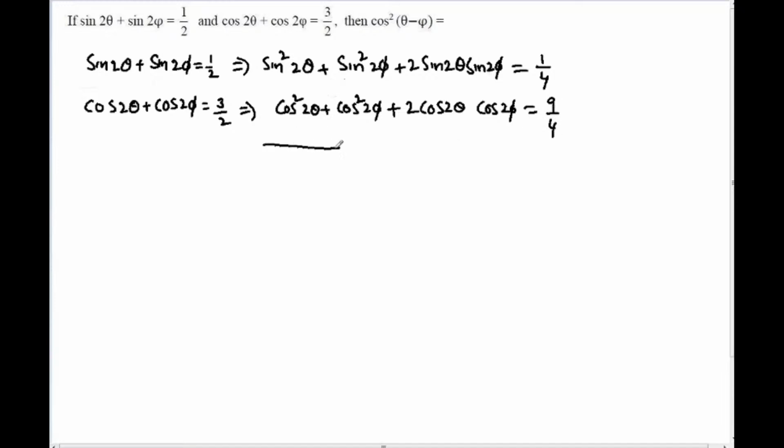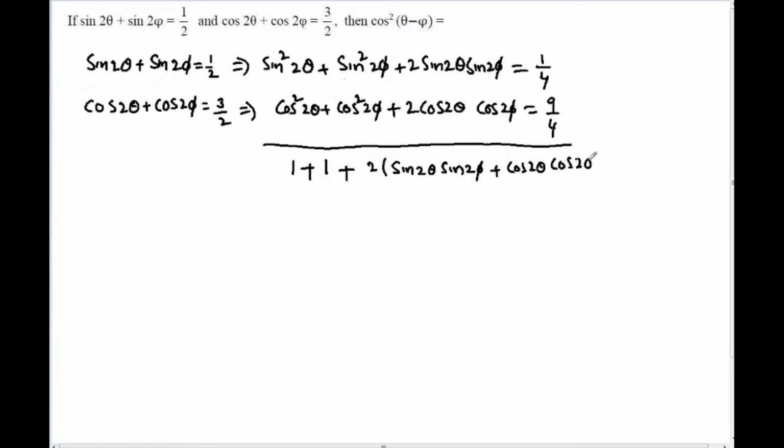Add these two equations: sin square 2 theta plus cos square 2 theta, this value is 1, and sin square 2 phi plus cos square 2 phi, that value is 1. Take 2 common, 2 into sin 2 theta sin 2 phi plus cos 2 theta cos 2 phi is equal to 1 by 4 plus 9 by 4, that is 10 by 4, that is equal to 5 by 2.